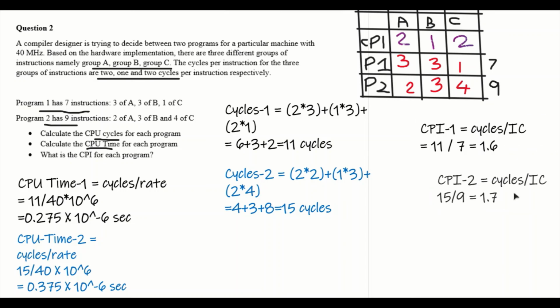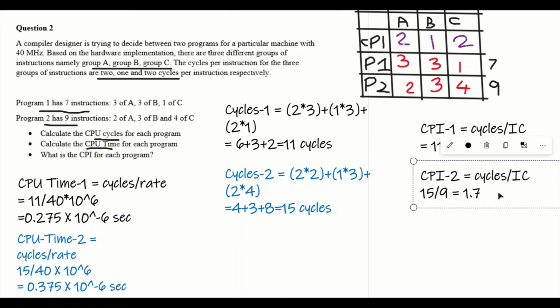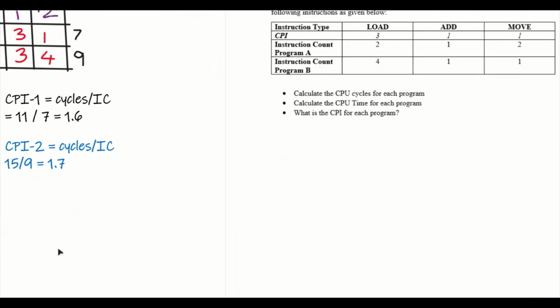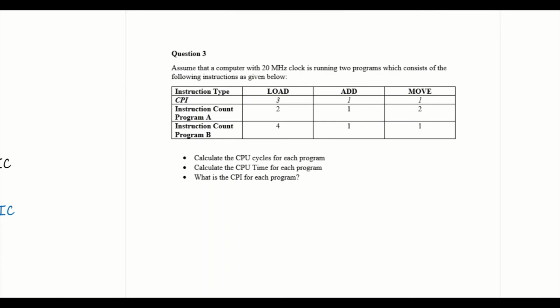So you divide these. I told you blue color for program 2 and black color for program 1. So these are the calculations. Okay, fine. If you understand this calculation, wait a second.